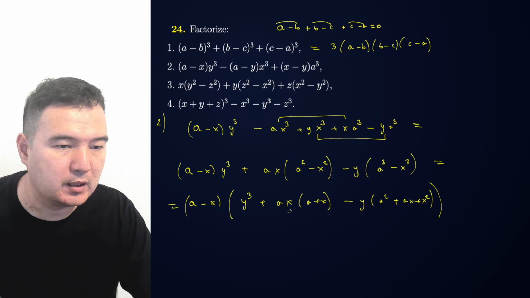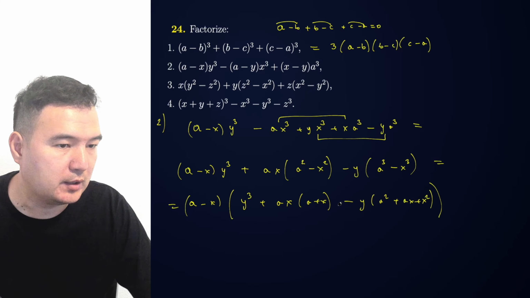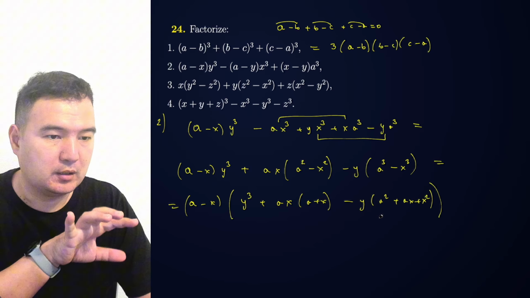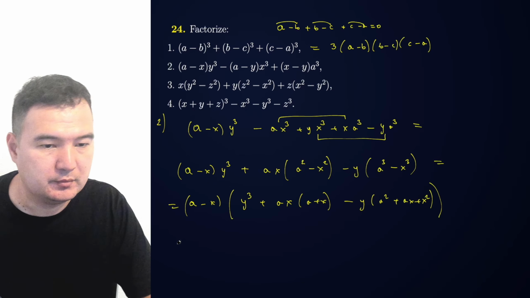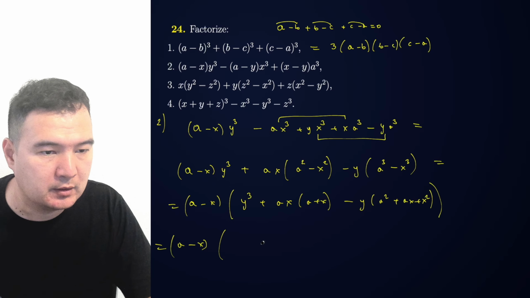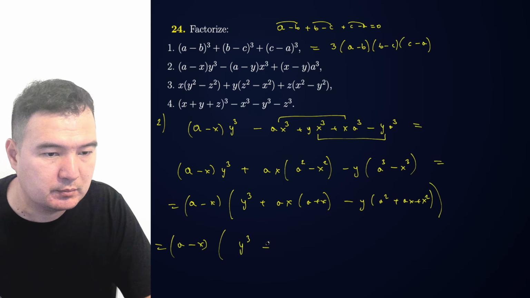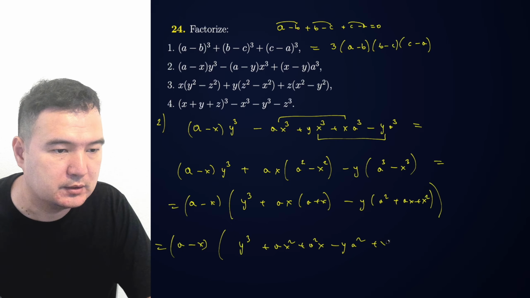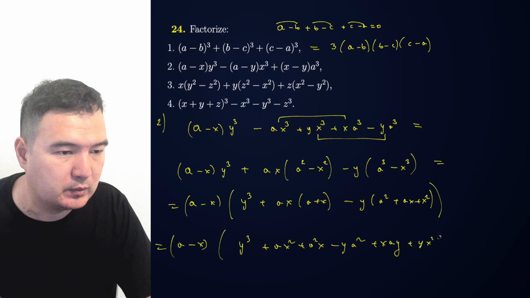Now we have six other terms. Try to figure out how to factorize the second parenthesis. So a minus x, and then y cube plus ax squared plus a squared x minus y a squared plus yx squared.